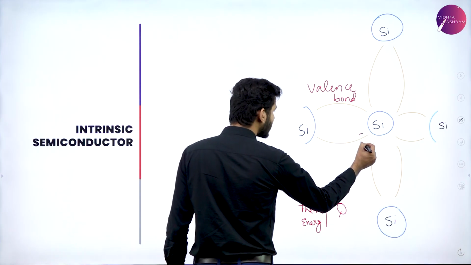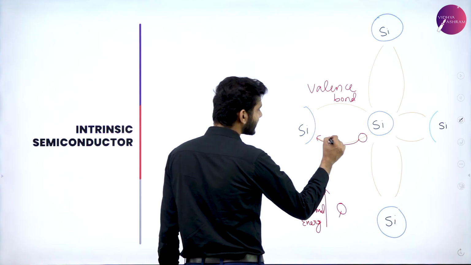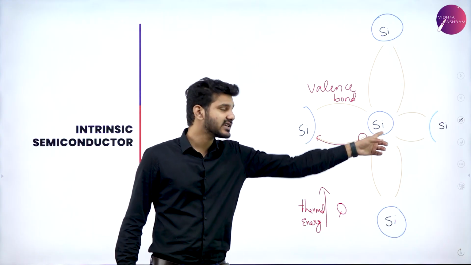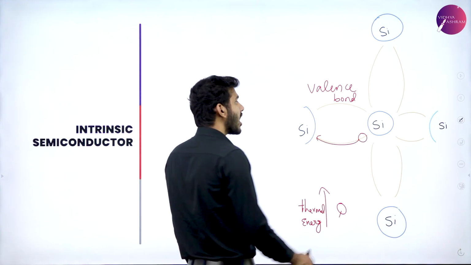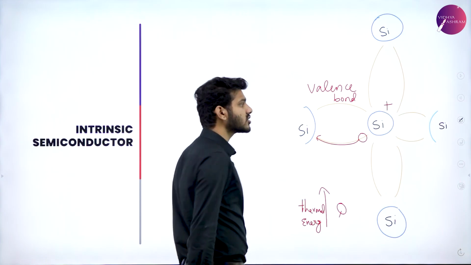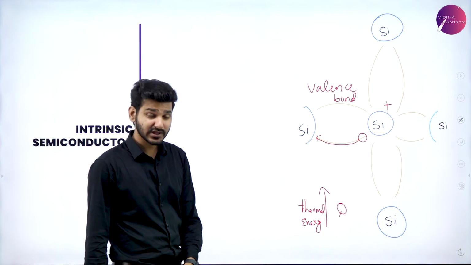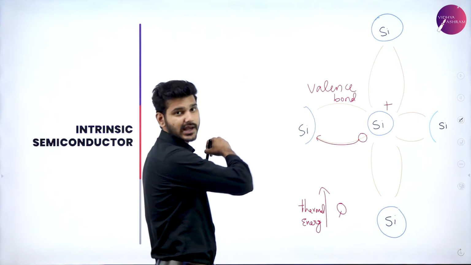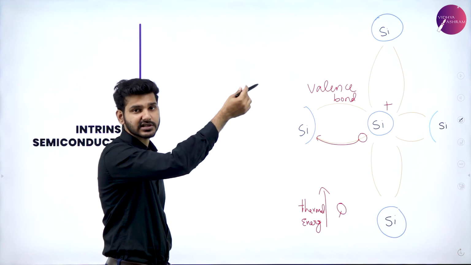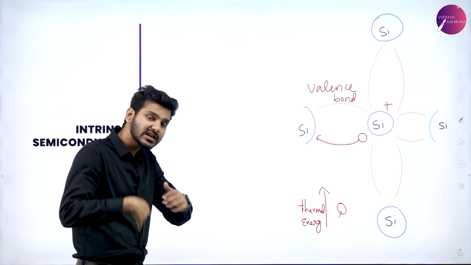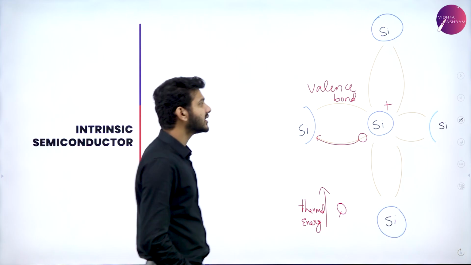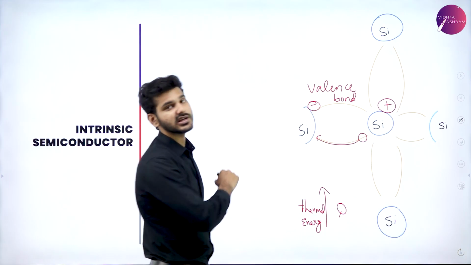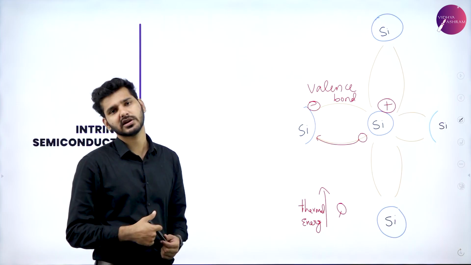So when an electron from here leaves this atom and goes here, what happens? Then automatically this central atom is with a deficit of an electron and this particular atom is with an excess of electron, which means this will again share it to the next atom and this will be shared to the next atom. Like that, the sharing process will keep on happening, which means that there are subsequent positive and negative charges being created, which means there is a potential difference being created.